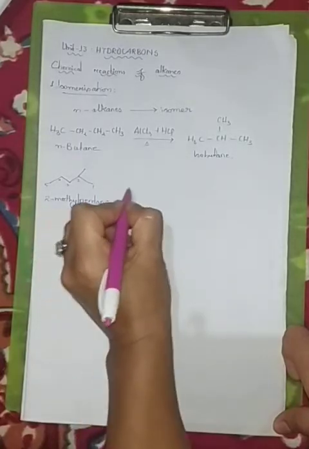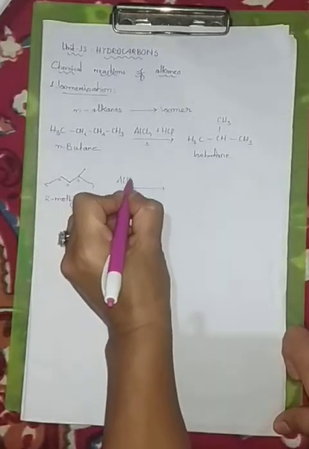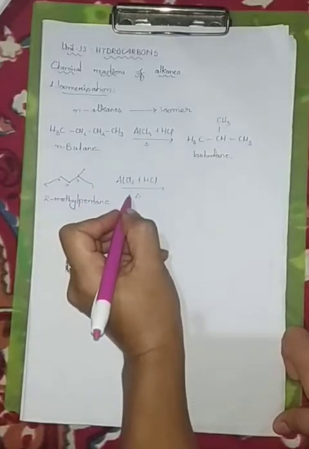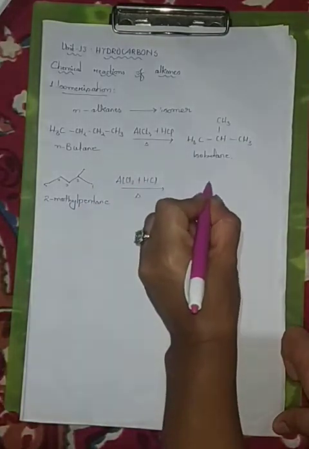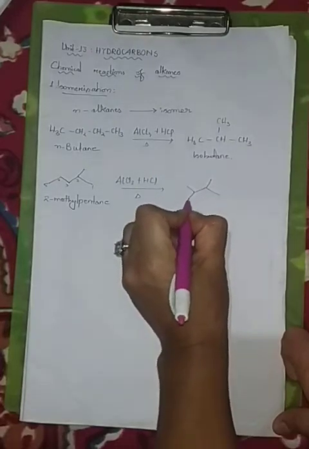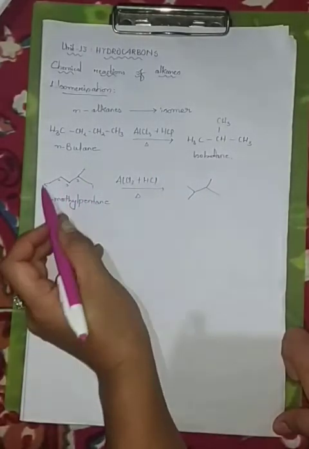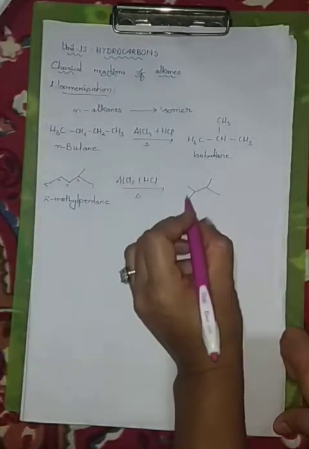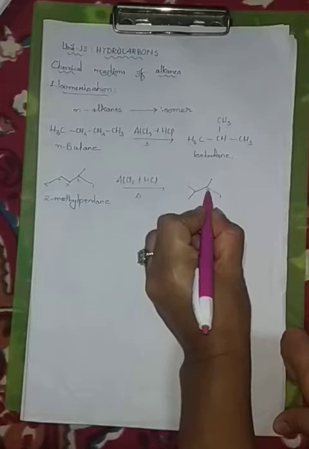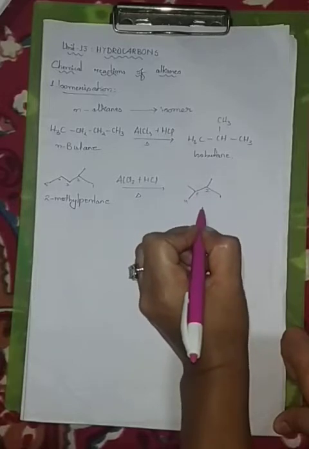Pentane, so 2-methylpentane. When it reacts with aluminum chloride and HCl, a Lewis acid and a strong acid, on heating we get a less branched chain converted to a more branched chain. This has 1 carbon atom, 2, 3 and 4.